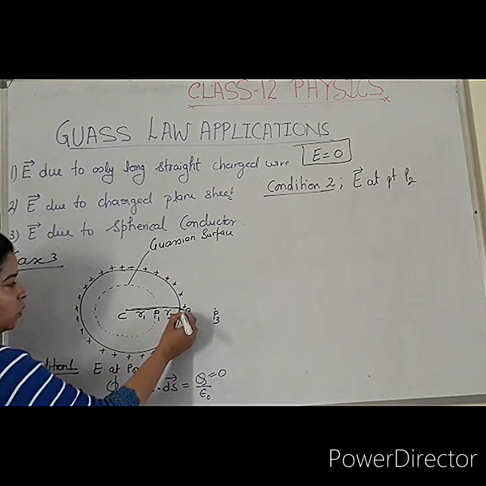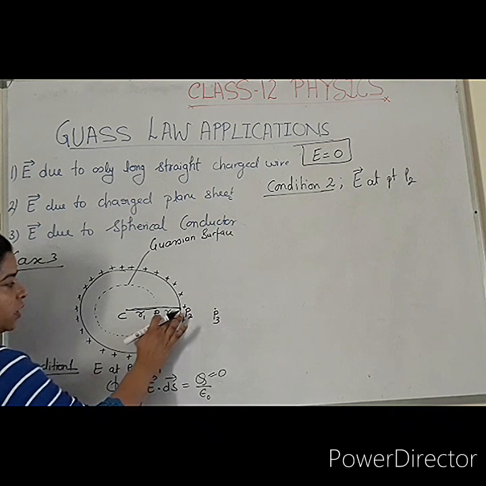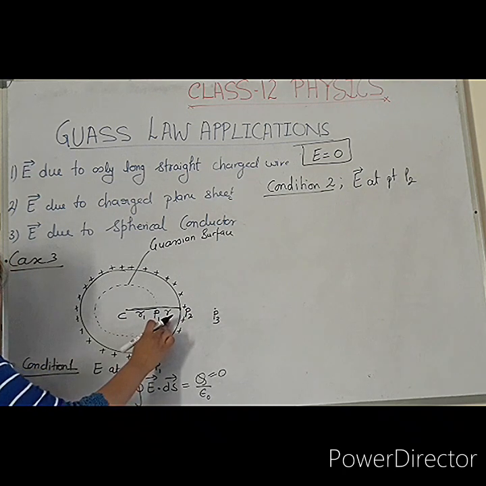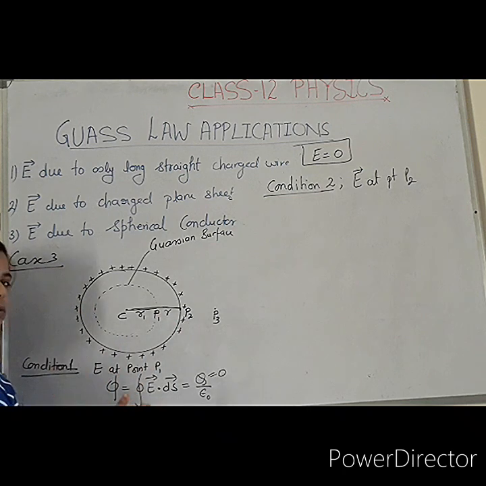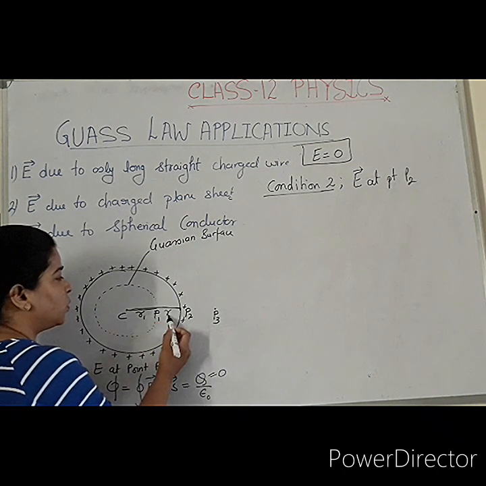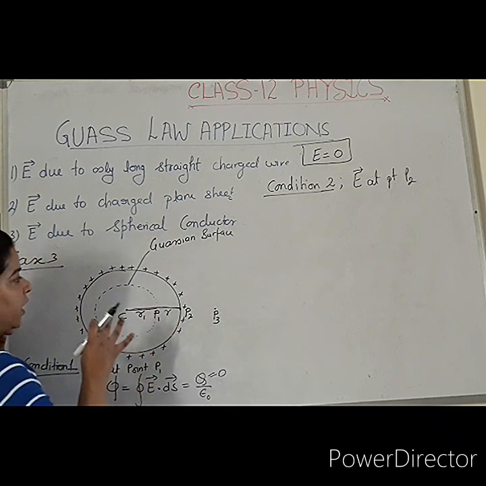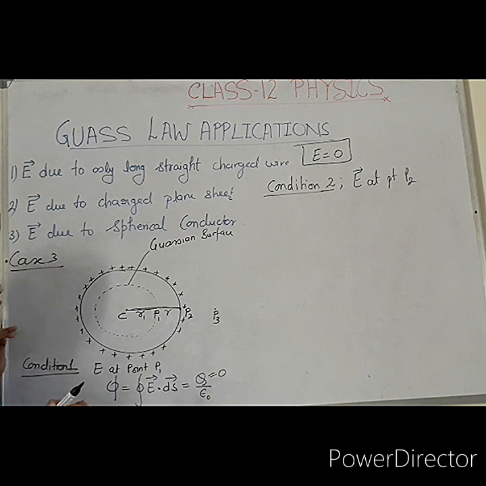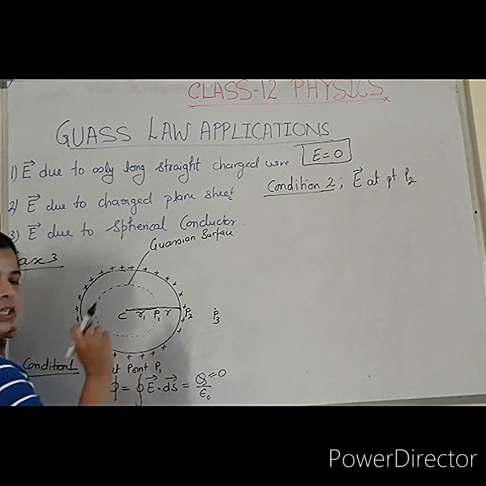Or we can take only R, because it is the actual circle, so we can take the radius as R. You can also take R2, but why use so many suffixes in notating terms? It will be beneficial for you to take the distance R, because the actual radius of this spherical body is R. So that is why we can consider only R here.